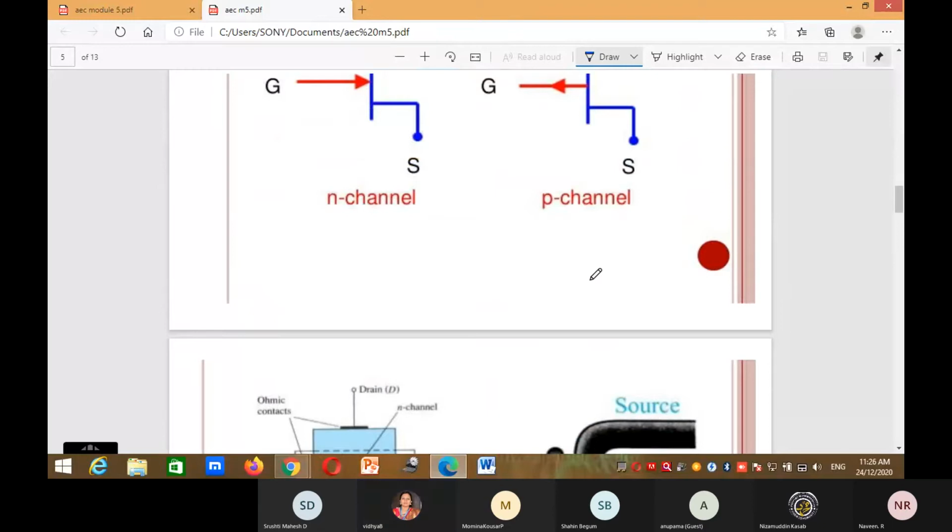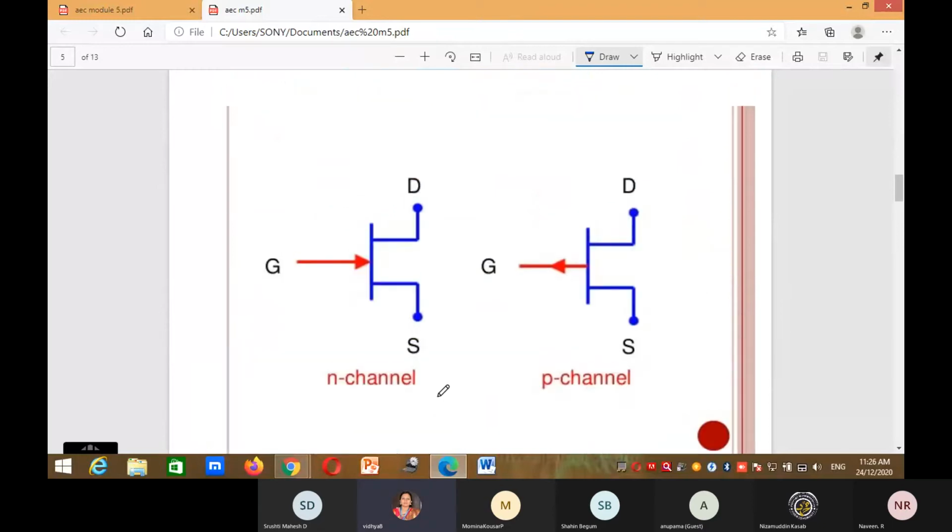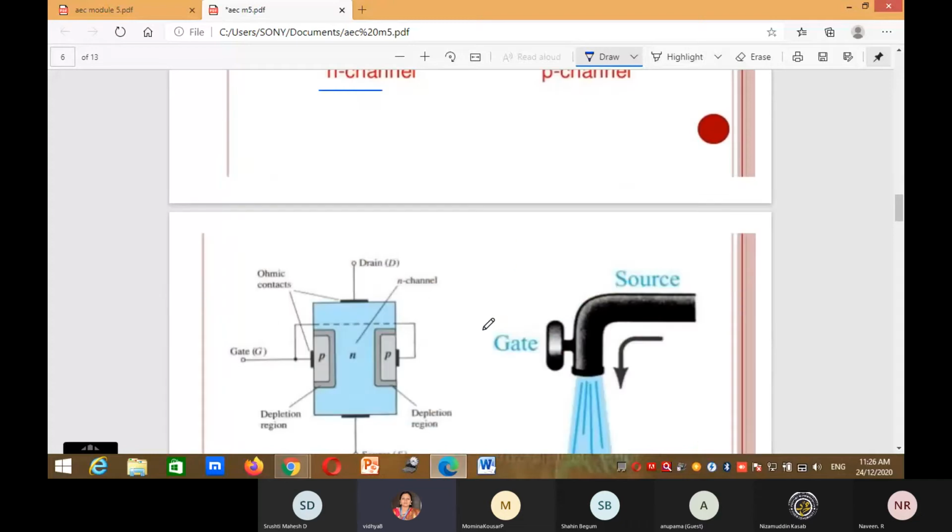You can observe the N channel direction. When you see the gate, the direction of the arrow is like this, and in the P channel it is the opposite direction. This is the symbol of N channel and P channel FET.